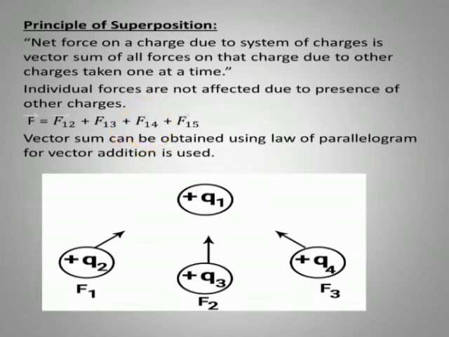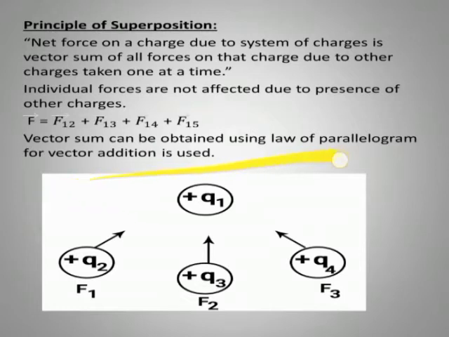Here you can see, according to the picture, Q1 is being exerted by forces due to all the other charges, Q2, Q3, Q4, and algebraically you're summing all these forces and you would get a net force on a charge due to the system of charges.